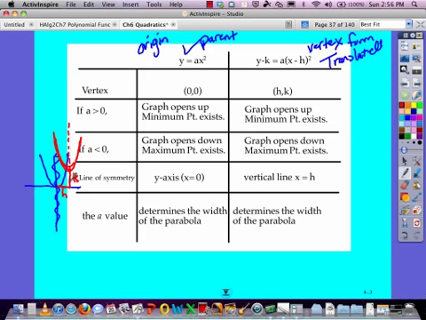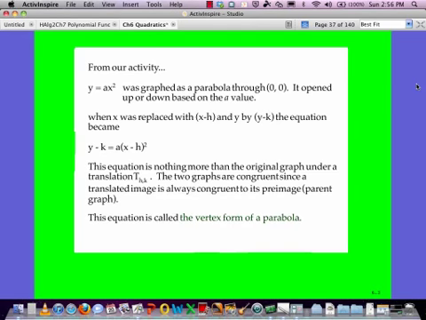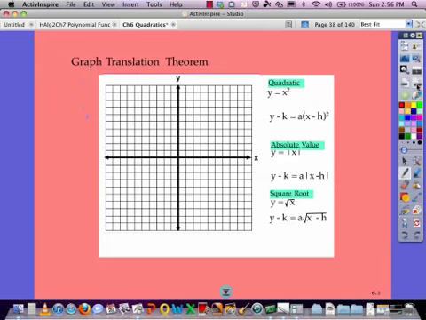And last but not least, the a value determines the width of the parabola, how tight that parabola will really be in relationship to the y-axis. All good things to notice going forward, so you don't have to graph every single one. Now, using this graph translation theorem, we have the quadratics. y equals x squared is a good parent graph, and this would be the translated version.